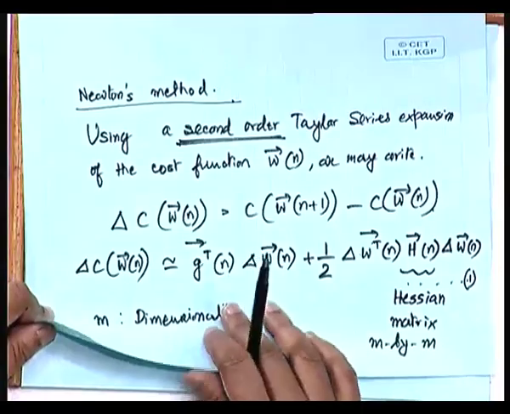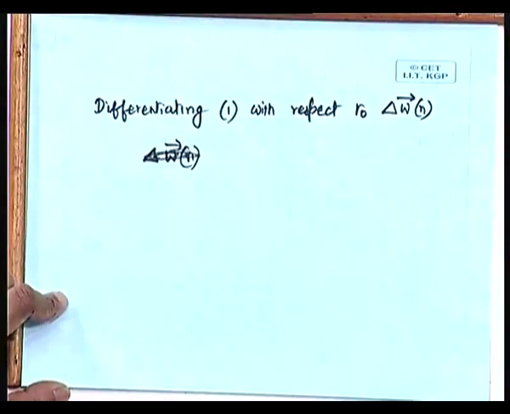If you differentiate this, then the first term will result in G n, and the second term will result in what? Can anybody guess? The second term will be H n multiplied by delta W n. This also can be shown by matrix differentiation. So, we are differentiating everything with respect to delta W. That is what you remember.